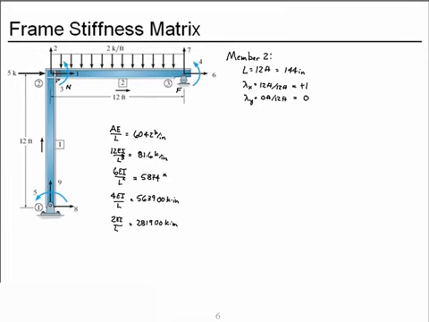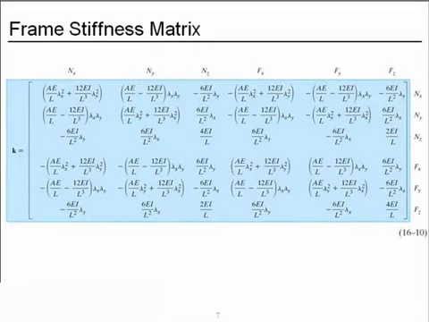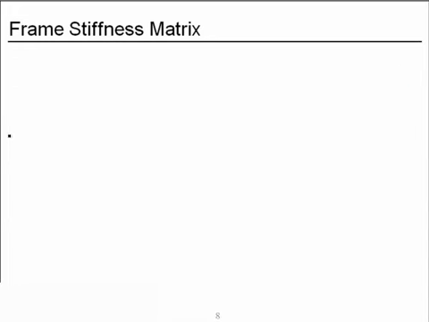Now let's use these along with our new lambdas. Lambda x is 1 and lambda y is 0, along with equation 16-10, so that we can construct the element stiffness matrix. Element stiffness matrix for element 2 will have 6 rows and 6 columns.